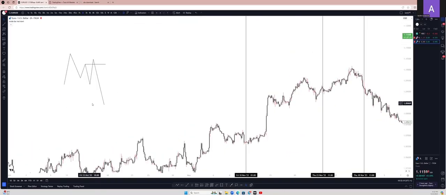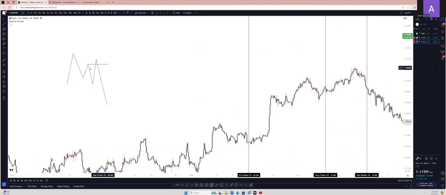So if you know that the institutions are responsible for liquidity, then you should know that the time to get in at a better POI is when you anticipate the institutions to seek liquidity above a high or a low, and then they give you a signature that they are already moving in their own direction.